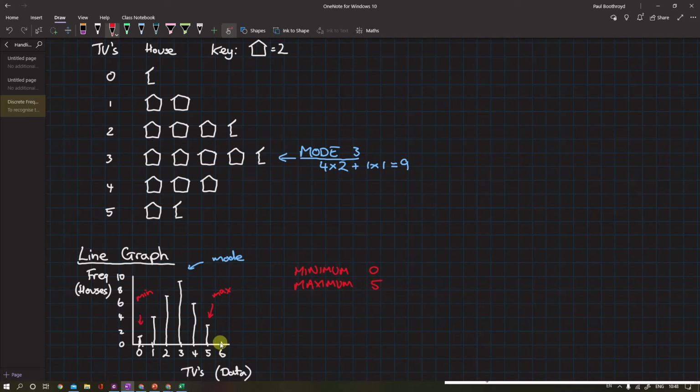Even though I have 6 here, it must have at least 1 household with that value. Otherwise you can ignore this value. And those two things combined mean I can calculate my range as being 5 minus 0, which is 5.